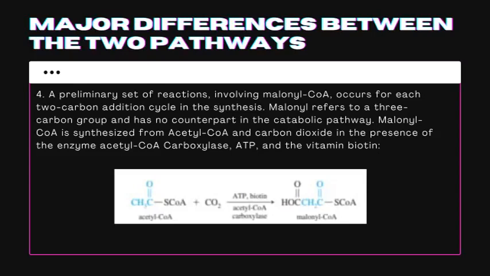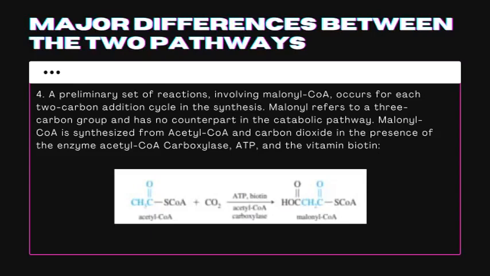Malonyl-CoA is synthesized from acetyl-CoA and carbon dioxide in the presence of the enzyme acetyl-CoA carboxylase, ATP, and vitamin biotin. So in this chemical equation, again, the acetyl-CoA and carbon dioxide were able to synthesize malonyl-CoA with the help of ATP, biotin, and acetyl-CoA carboxylase.